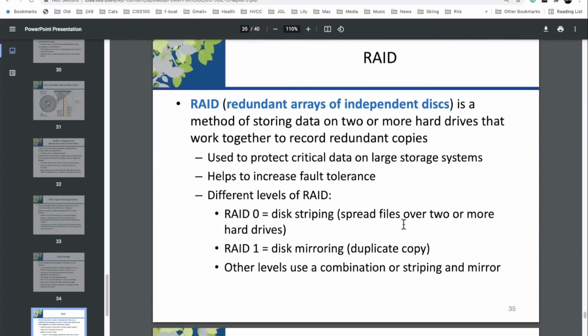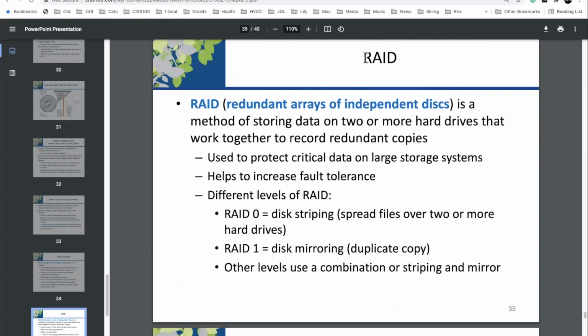Okay, in computing, we are always concerned with resiliency, fault tolerance, right? Because we want proper deterministic computing. We want to be able to provide answers. We don't want to lose data. How do we do this?